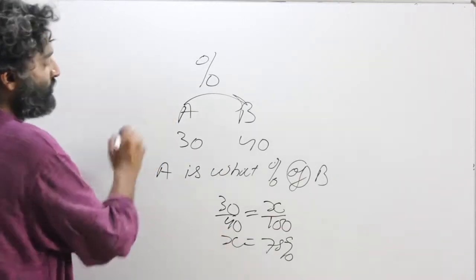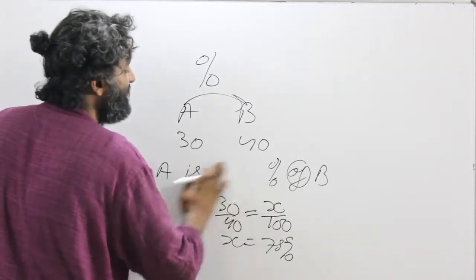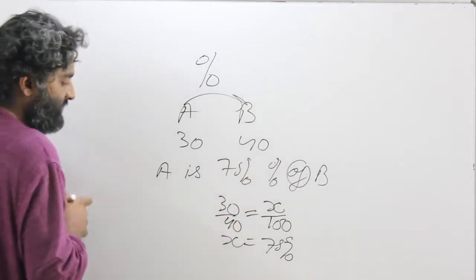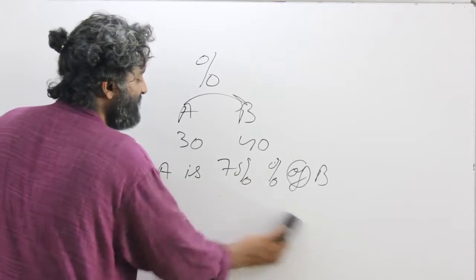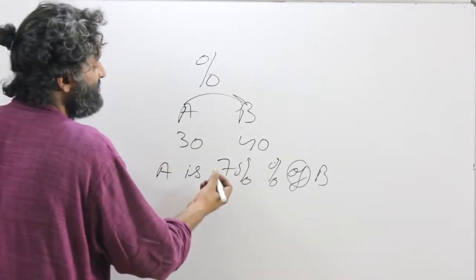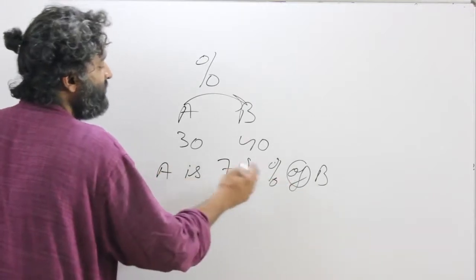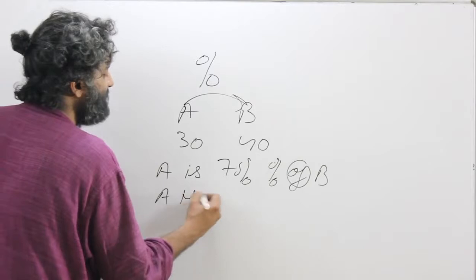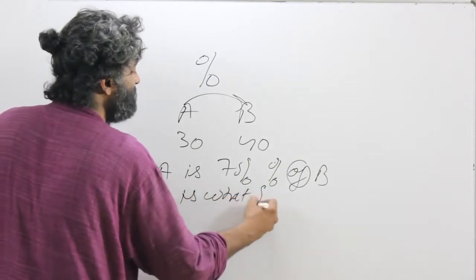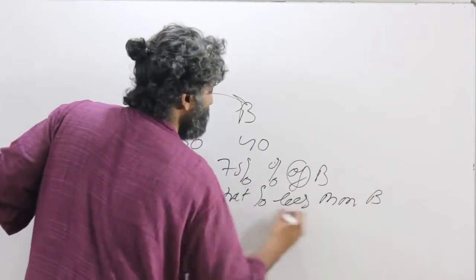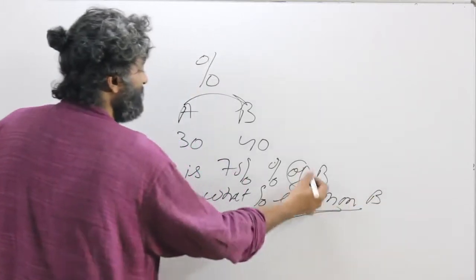Is that okay? So that means I can say A is 75% of B, right? Keeping B as the base, there is one more language option available to me to express not how much A is, but how much A is less than B. A is what percentage less than B. So here, instead of "of", it becomes "less than".